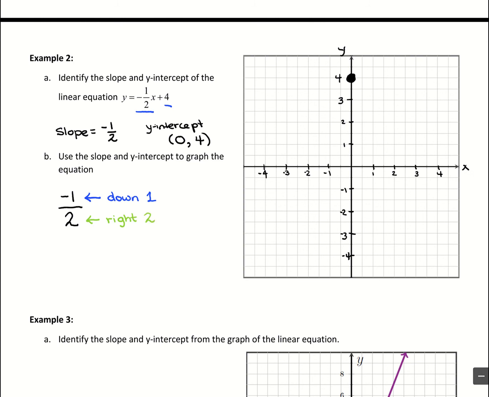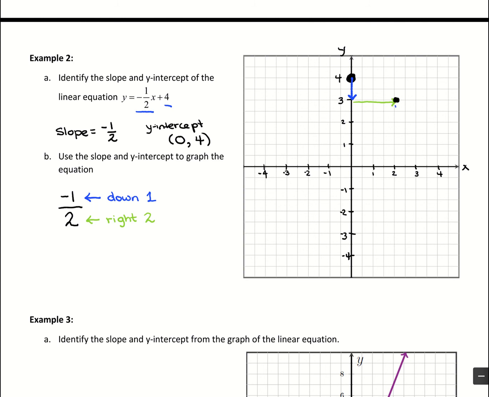So if we follow this, we start at our point (0, 4), and I move down 1 unit. So I follow that path, and then it tells me to move to the right 2 units. So I follow that path, and once we end up at our spot, that's our second coordinate. And you only need 2 points to make a line.